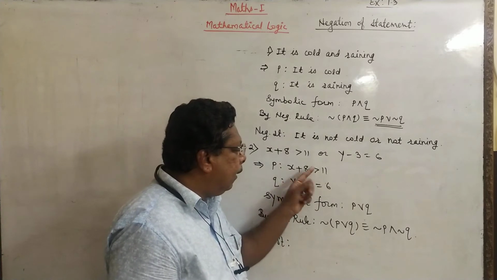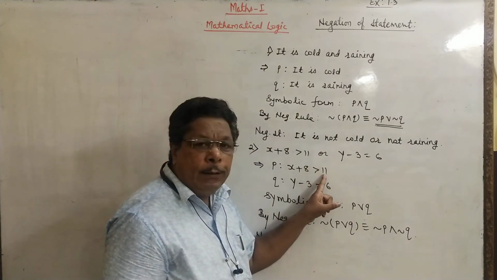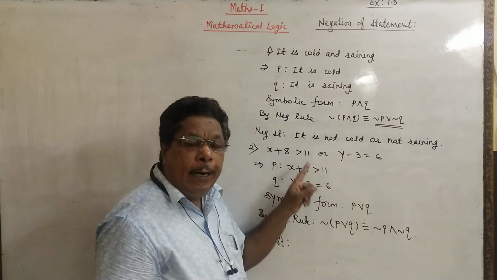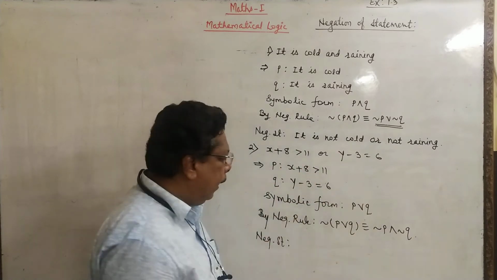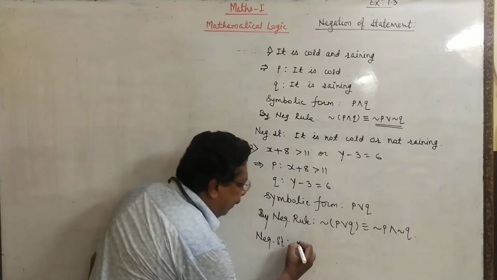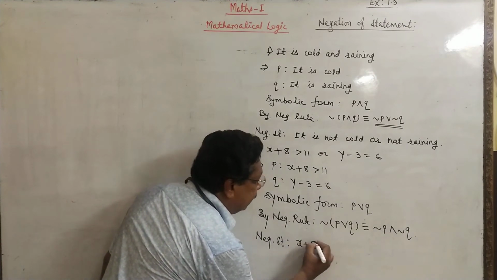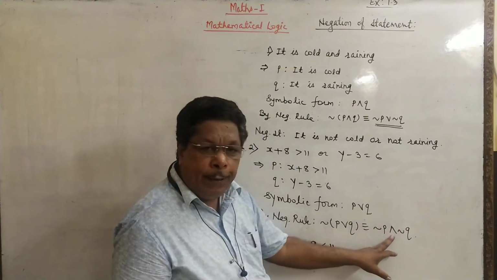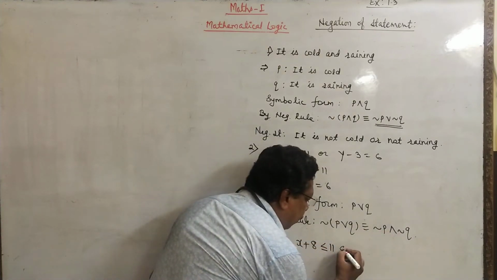x plus 8 अगर 11 से greater than नहीं है, इसका मतलब x plus 8 less than 11 है या less than equal to 11 है. So this we can write x plus 8 less than or equal to 11. Now here connective is and. So write down and.